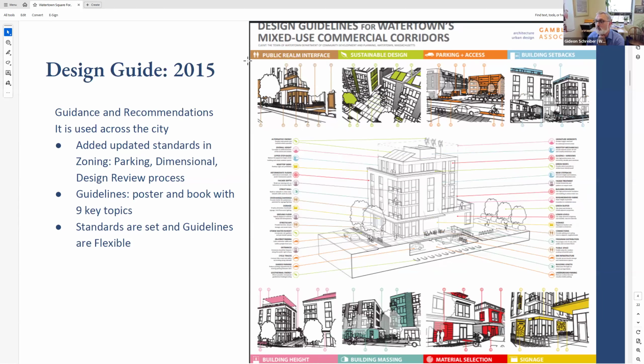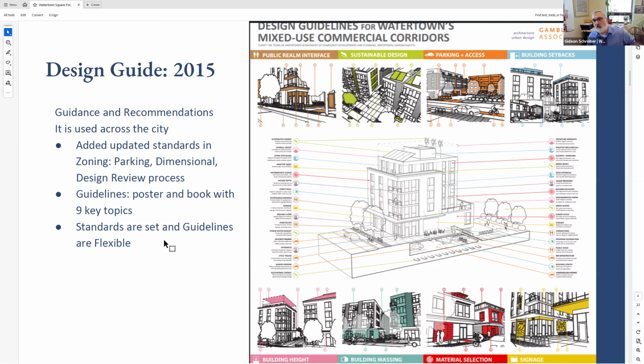It's also much more guideline thinking about public realm, sustainable design, parking access, building setbacks, building height, building massing, material selection, and even signage, but that one's definitely the hardest one to deal with. So it's a guideline, so it's flexible, but there were very specific standards.